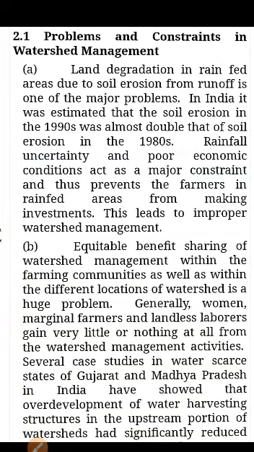If we check the history of the 1980s and the soil erosion estimate in the 1990s, it was just double that of the 1980s. So it's a major problem of land. Rainfall uncertainty and poor economic condition act as major constraints and thus prevent farmers in rain-fed areas from making investments.